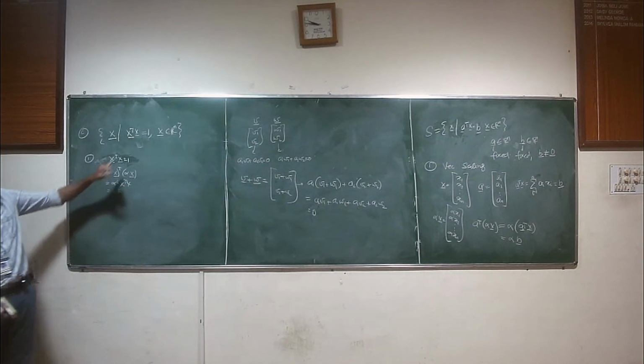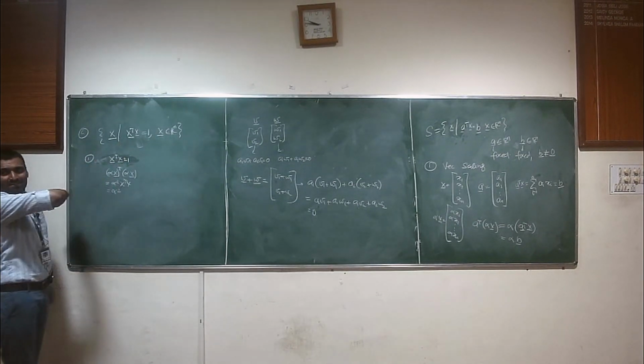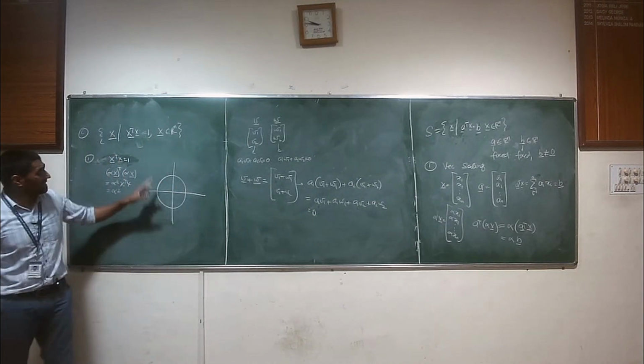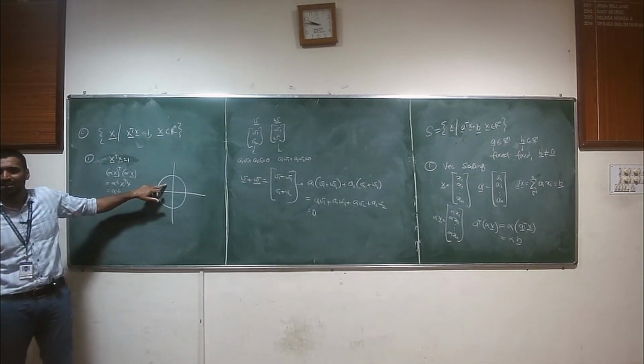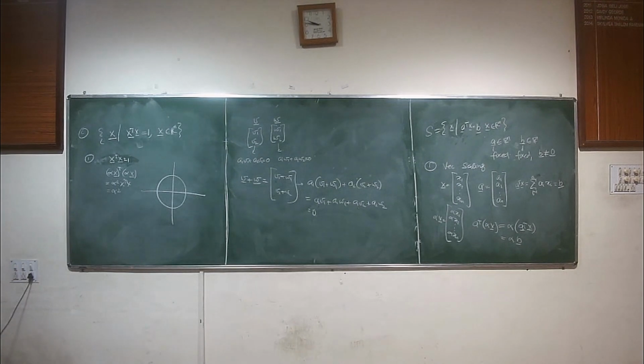So this is not a vector space. And what is this? We saw this in R2. If n is 2, X transpose X equals 1 is a circle. This is a hypersphere. Not 2 alpha, alpha square.